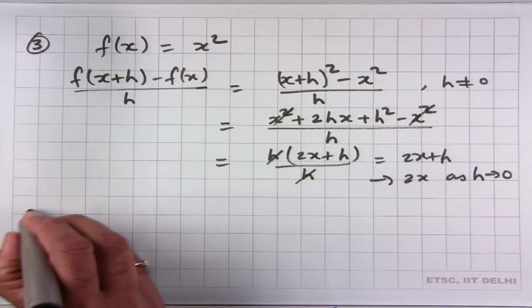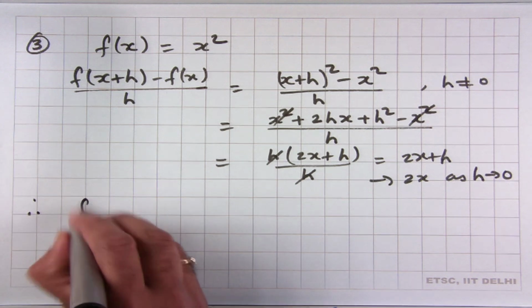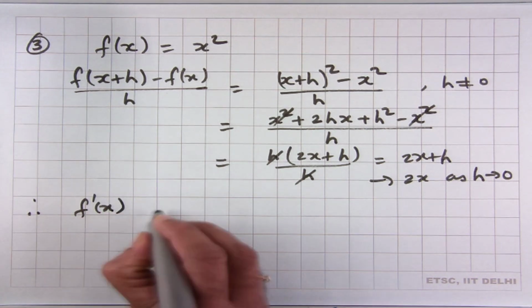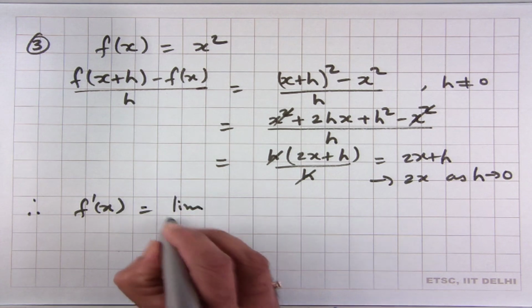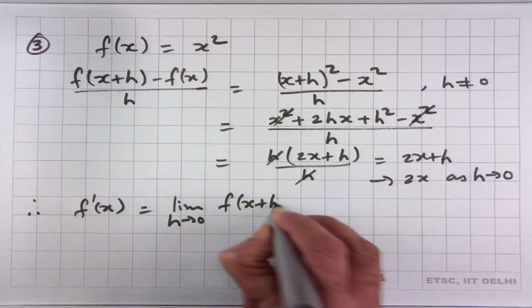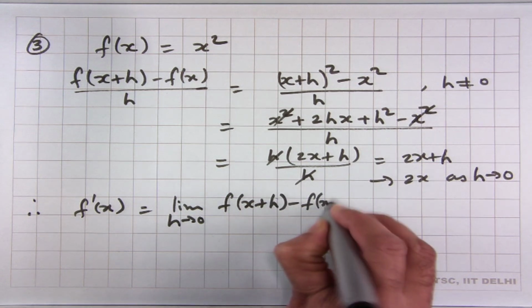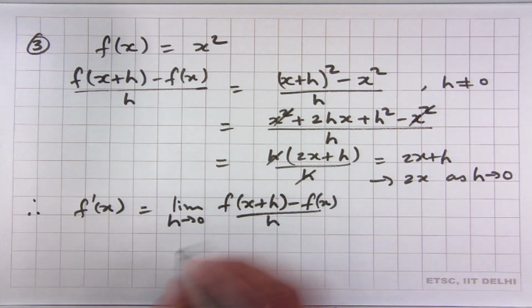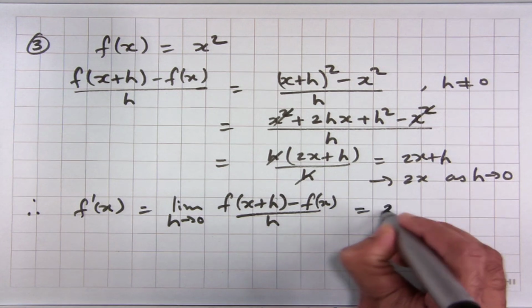So, therefore, f prime x, which is the limit of h going to 0 of f of x plus h minus f of x over h, is equal to 2x.